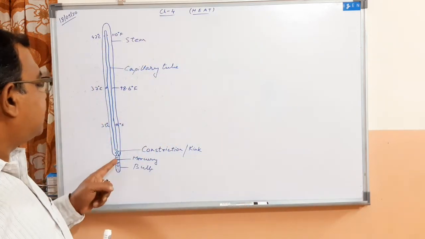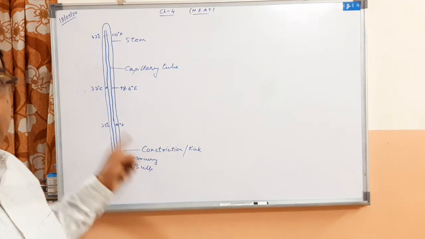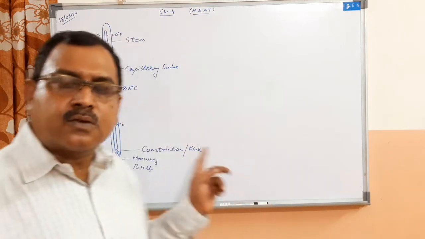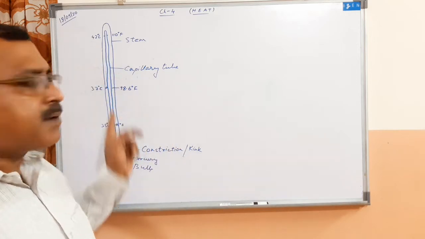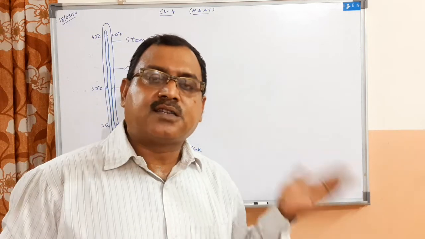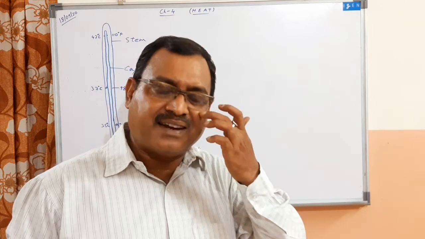Now, a very important thing here is this constriction. Why is this constriction given? In a laboratory thermometer, this constriction is not there, right? And moreover, the range of temperature in a laboratory thermometer is also different. It starts from minus 10 degrees centigrade up to 110 degrees centigrade, right?